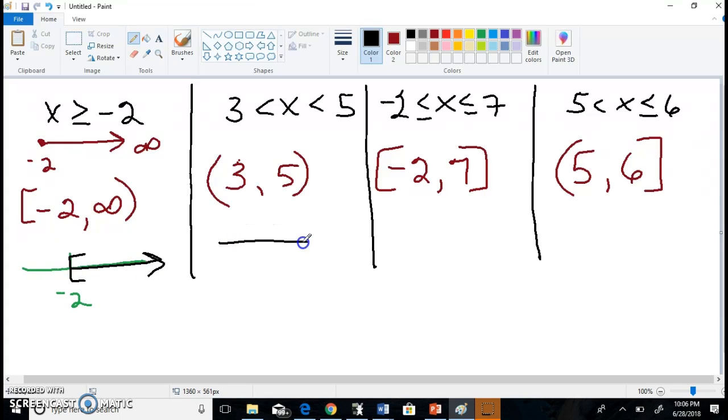On this one here, here's 3, 4, 5, since neither one are included, they would do parentheses instead of open circles and shade in the middle.